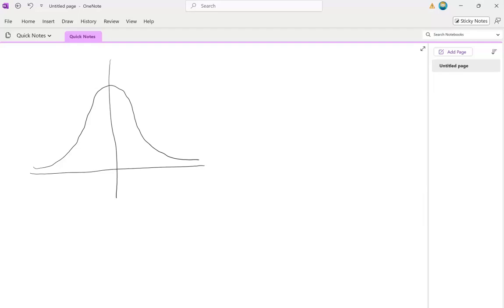Whenever the data is put together like this, we can employ something that's called the empirical rule. And the empirical rule really tells us about how much of the data falls between certain things.